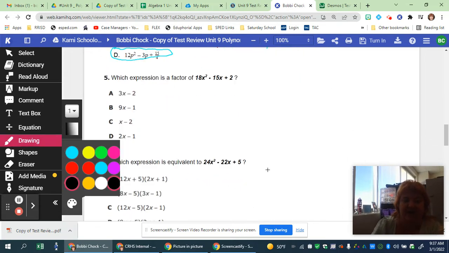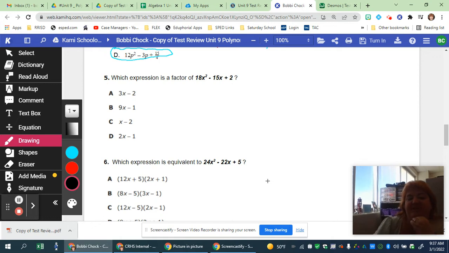Number 5. Which expression is a factor? Okay, so how I taught my students to do factor is we made a goalpost. So we multiplied these two numbers. Okay. What's 18 times 2? That would be 36.